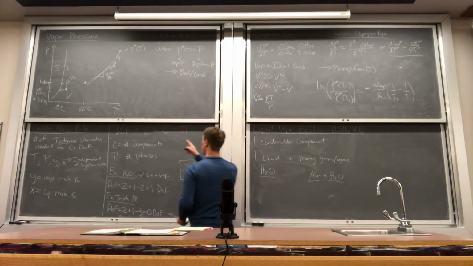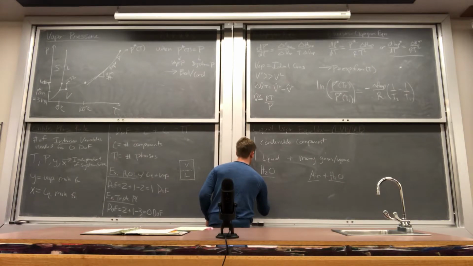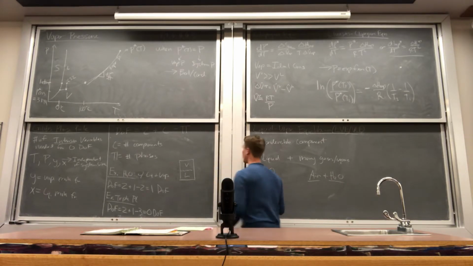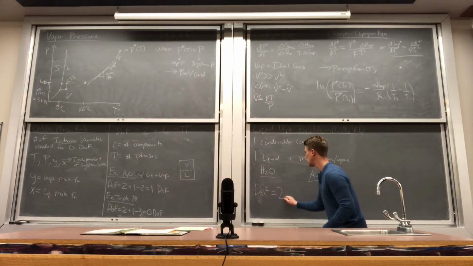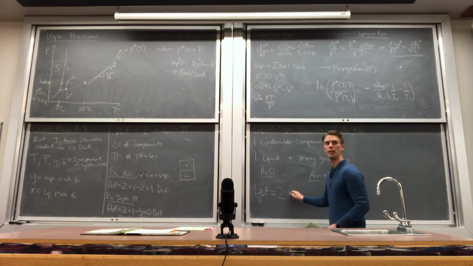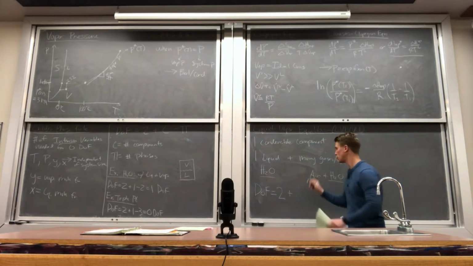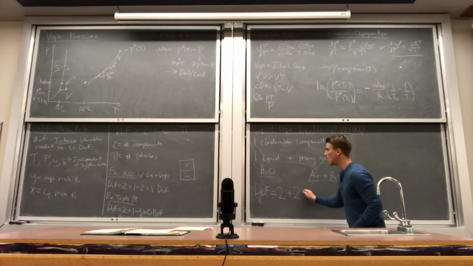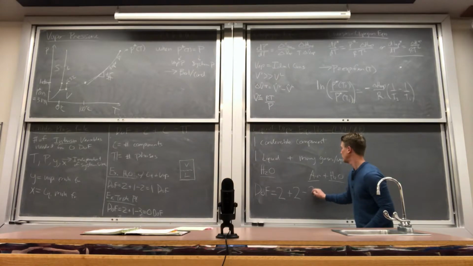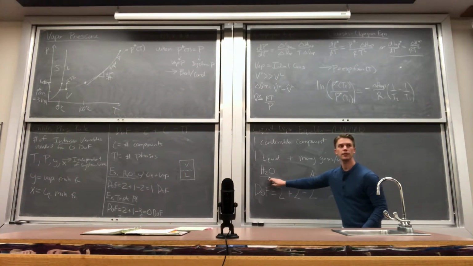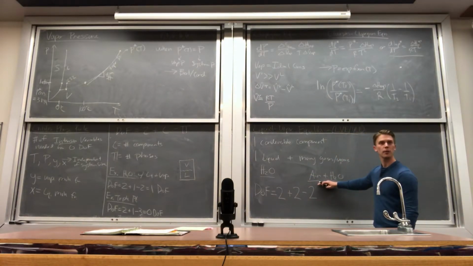So if you look at our Gibbs phase rule, our degrees of freedom, we have 2 plus the number of components, which is how many? 2. Air and water. Water is in 2 phases, but there's still just 2 components. Minus the number of phases, which is 2. We have a liquid phase, and we have a gas or a vapor phase.